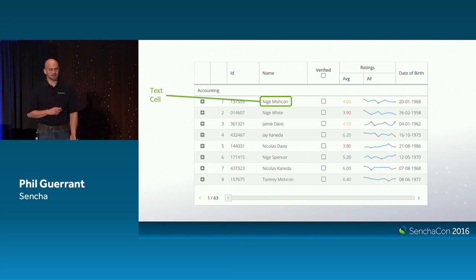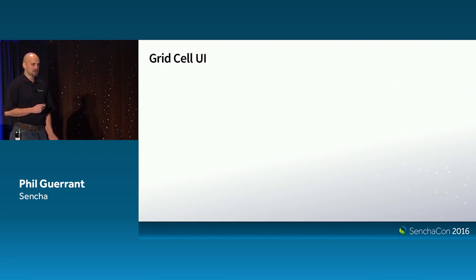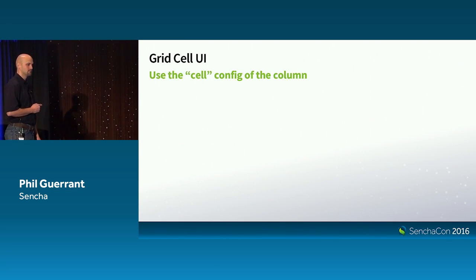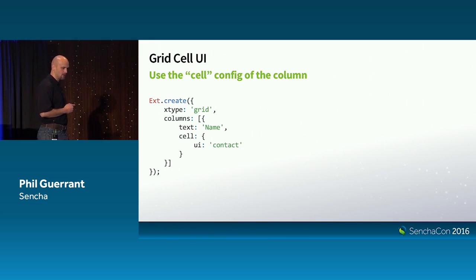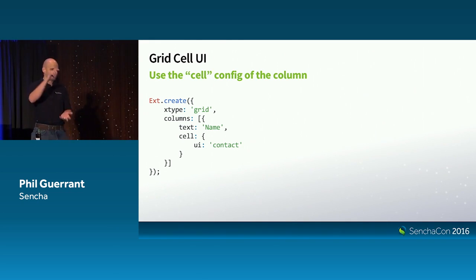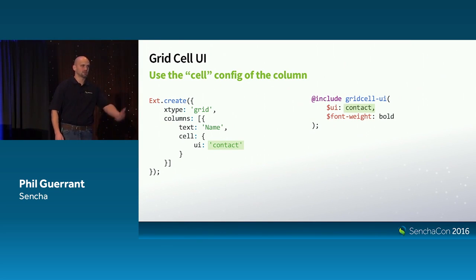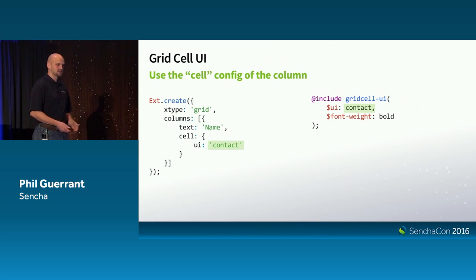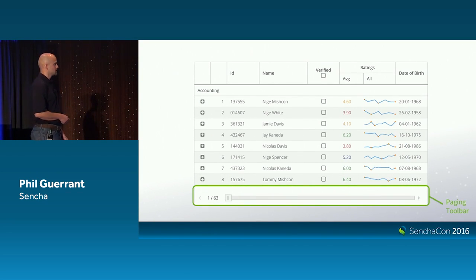How about cells? Well, grid cells have a UI too, and we can access those via the column config. All columns have a cell config on which you can configure a default config for all the cells in that column. So pass the UI along again, invoke the grid cell UI mixin to generate some styling for it, and you're all set. Finally, let's look at the paging toolbar.